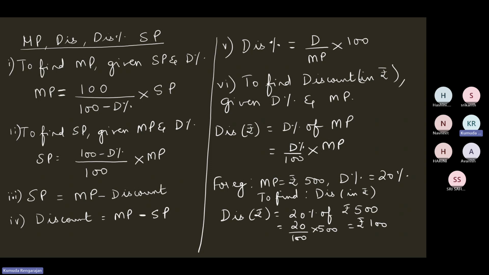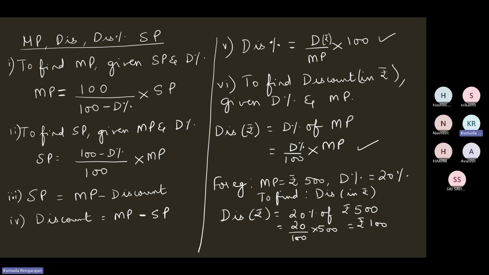Look at this formula and this formula. This is discount in rupees, whatever currency. To find discount percentage, it is into 100: discount by MP into 100.